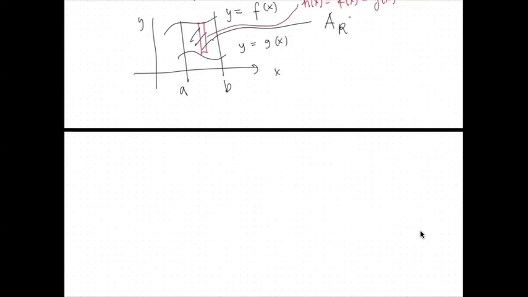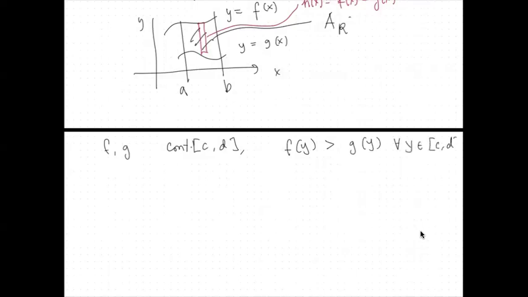Okay, if we have our functions of y, continuous on c and d, and f is also in terms of y here, and this holds for all y inside the interval c to d, then the area of the region is just equal to the integral from c to d of f of y minus g of y dy. The picture here is as follows.